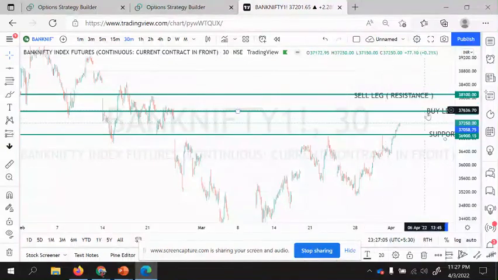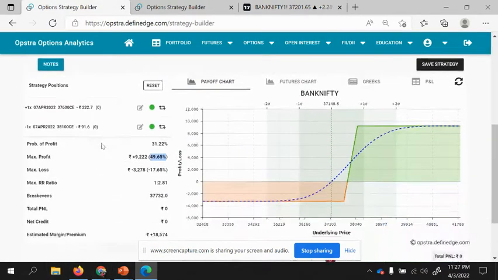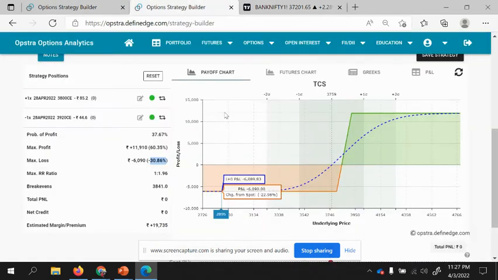So what we will do is buy the 37,600 and sell the 38,100. That's what I've done here, friends. I bought one 37,600 call leg, and then the 38,100. The moment we do this, see the risk to reward.